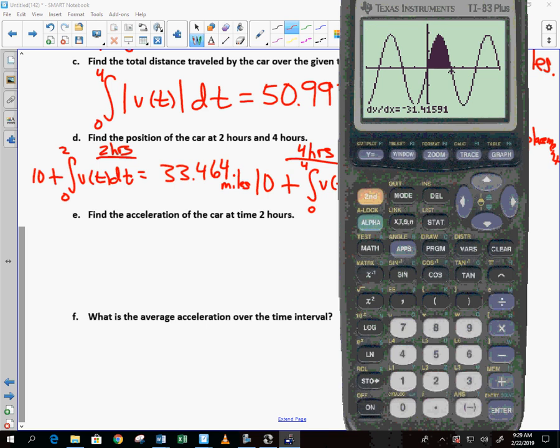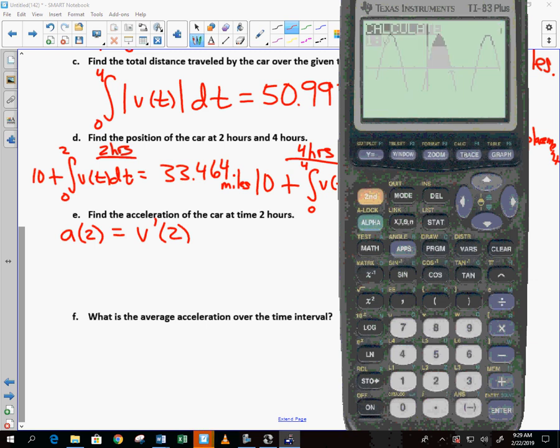Pause. Here's what they would love to see on the AP exam. We're wondering the acceleration at time 2. Don't you agree that that's equal to v prime of 2? I don't want to take the derivative of that function, it's kind of ugly, so wouldn't you like to do it the simple way?